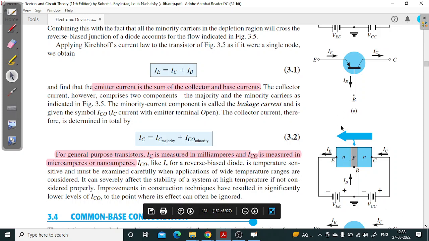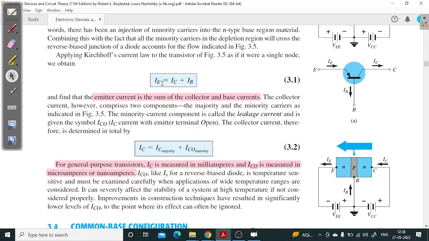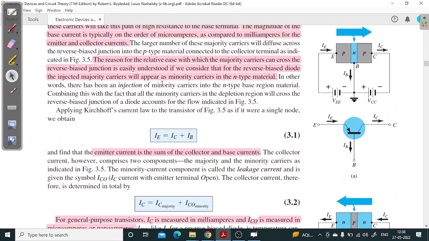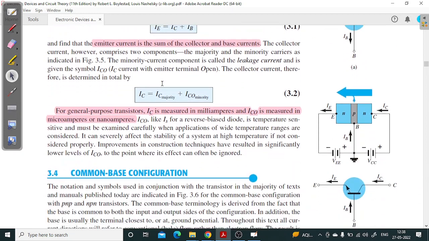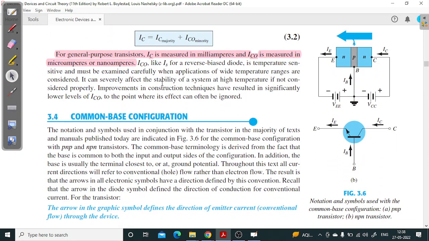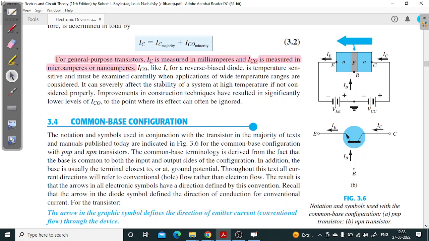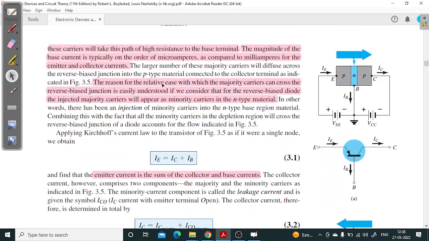Earlier it was PNP, now it is NPN. So the current directions will change. The biasing voltages will also get reversed, but the explanation of the functioning of that BJT will remain the same.